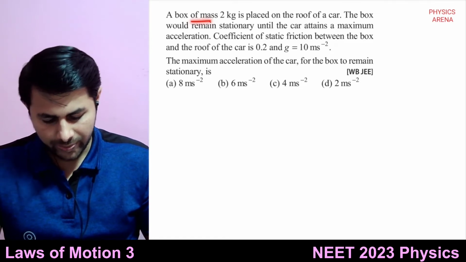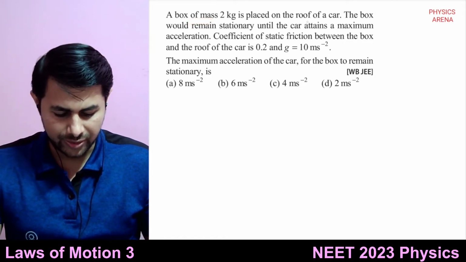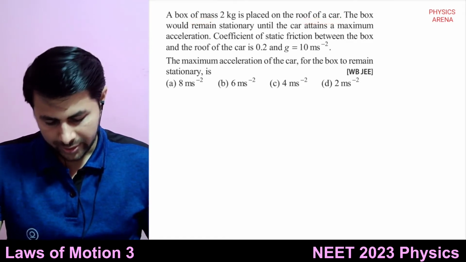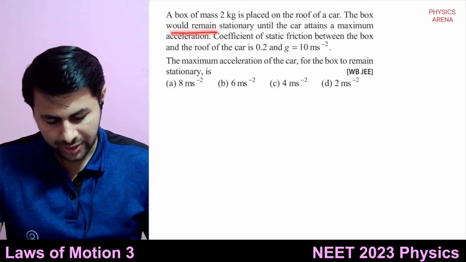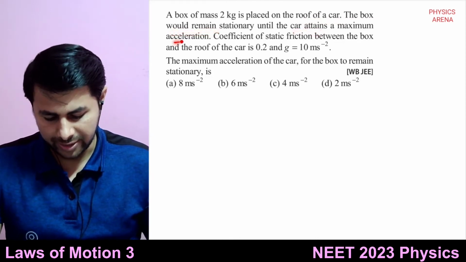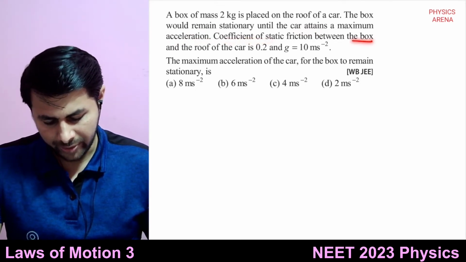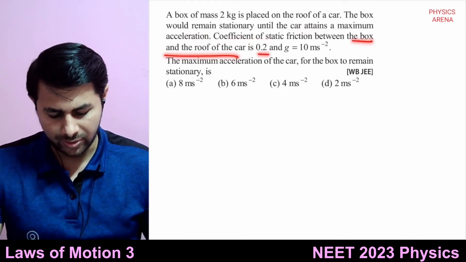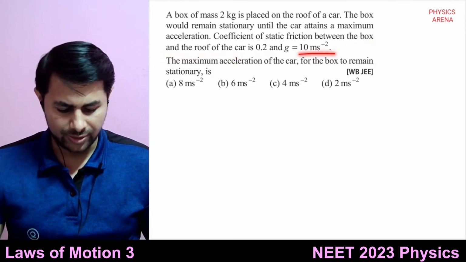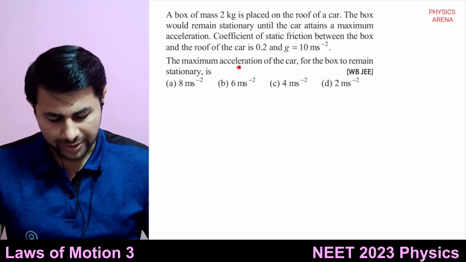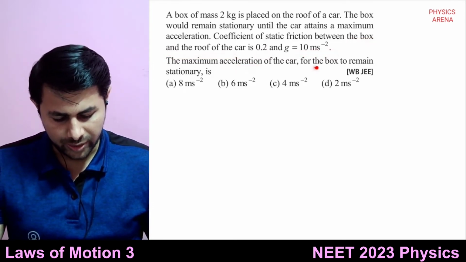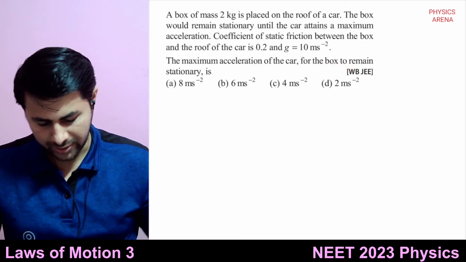A box of mass 2 kg is placed on the roof of a car. The box would remain stationary until the car attains maximum acceleration. Coefficient of static friction between the box and the roof of the car is 0.2 and g equals 10 meters per second square. The maximum acceleration of the car for the box to remain stationary is?